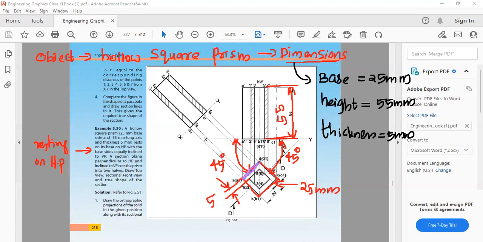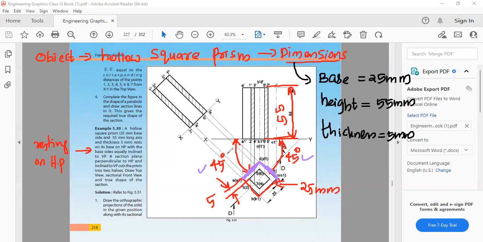So this is my base side, and this is the second base side. So these two sides are equally inclined. Equally inclined to VP means 45 degree to VP. That means equal inclination with the VP.